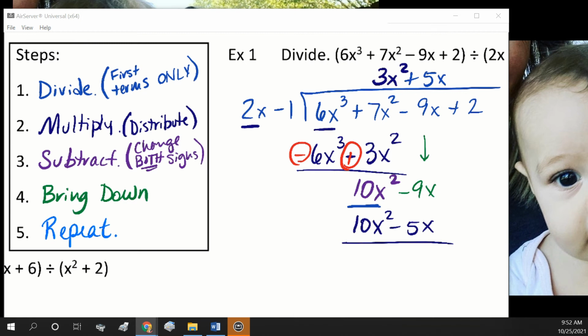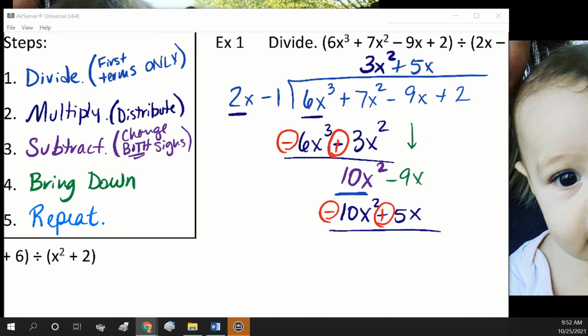And then don't forget, on this subtract step, we're subtracting 10x squared. We're also subtracting negative 5x. So to do that, we change both of the signs. Right? The 10x squared terms cancel out like they're supposed to.